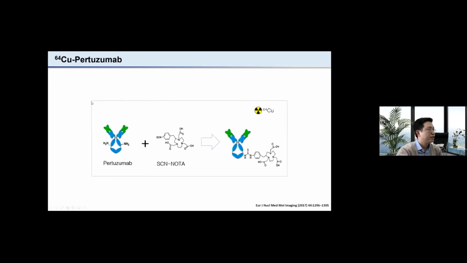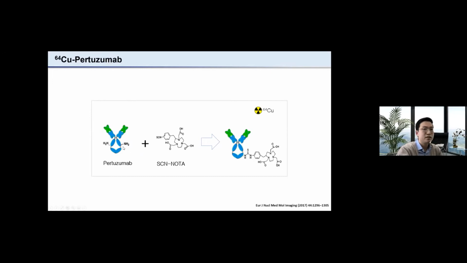So a few years ago, I was involved in developing the copper-64 labeled pertuzumab, and the antibody labeling actually uses a typical way of labeling, conjugating the bifunctional chelator to the amine group of the antibody.